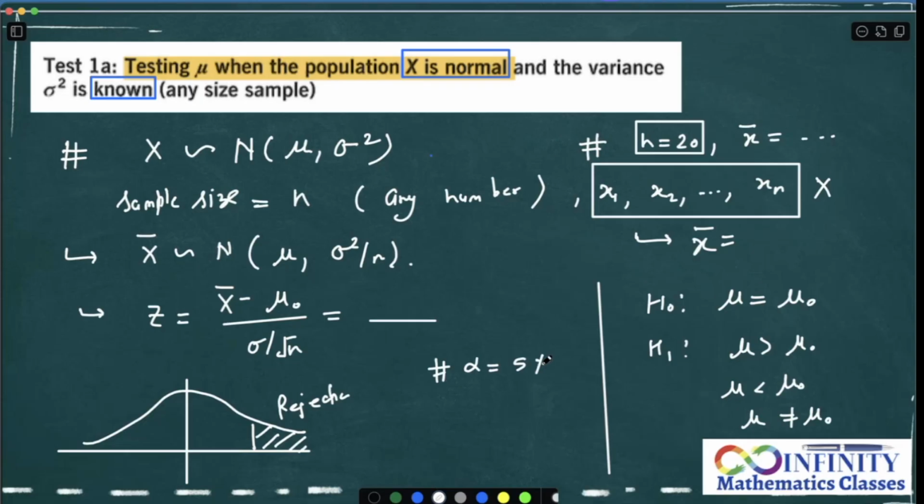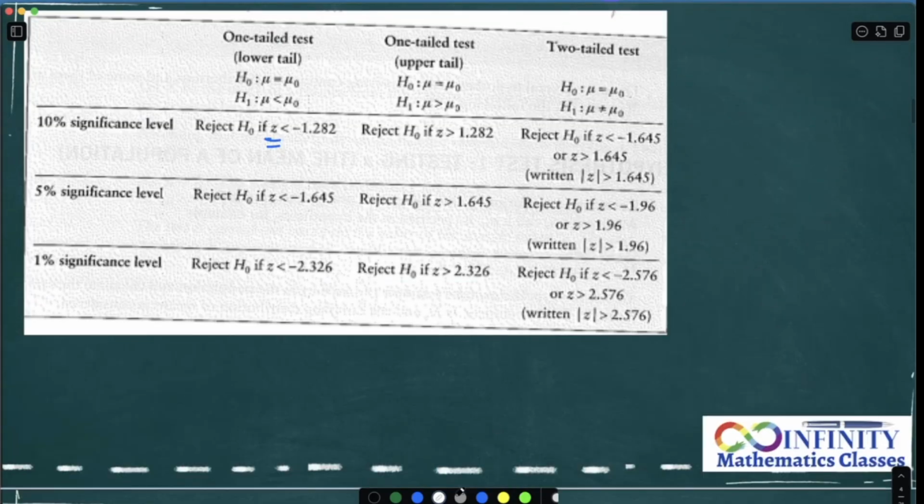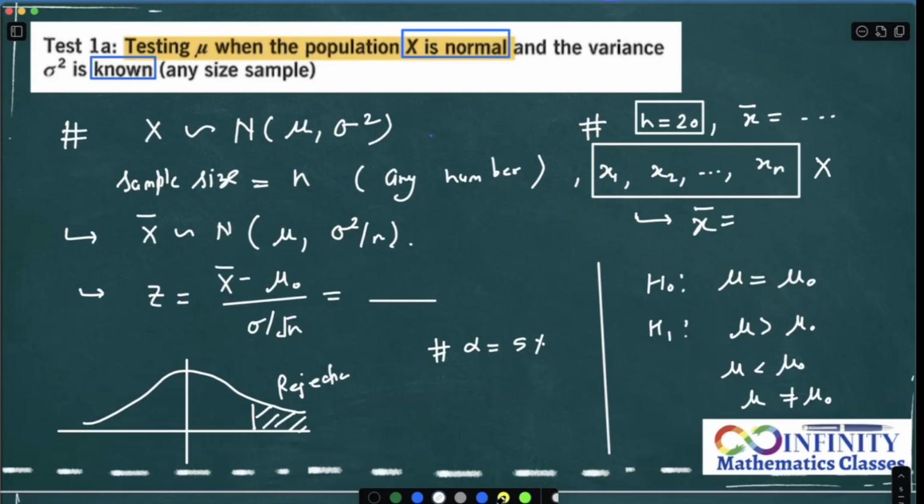For the 5%, the value of z for one tail is going to be 1.645. So this value of z alpha is 1.645. In case the value of z you obtained is bigger than z alpha, we reject the null hypothesis. That is the only situation. And if it is less than, we do not reject the null hypothesis. That is the only situation.